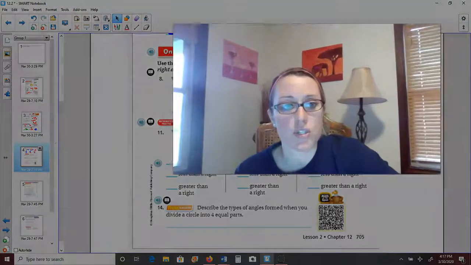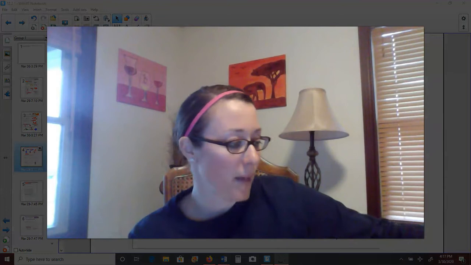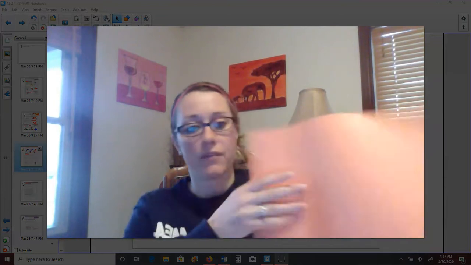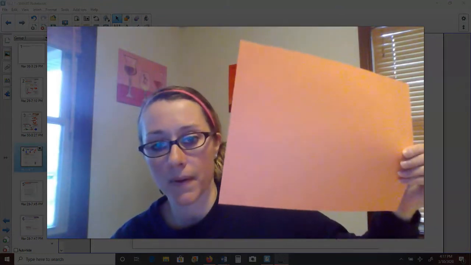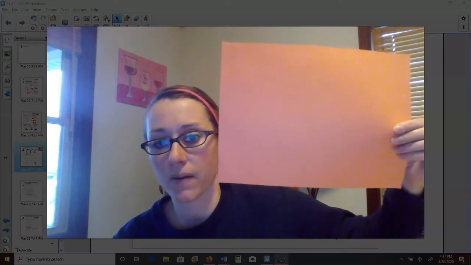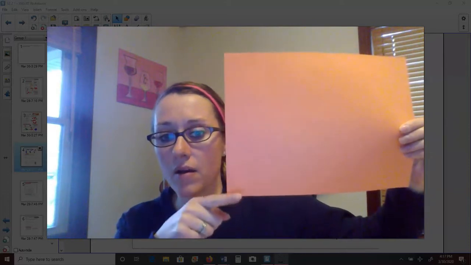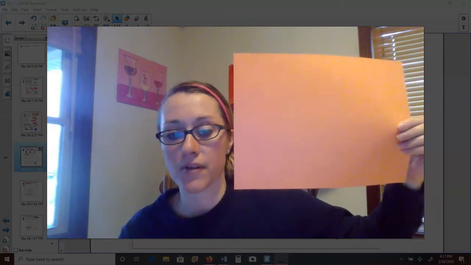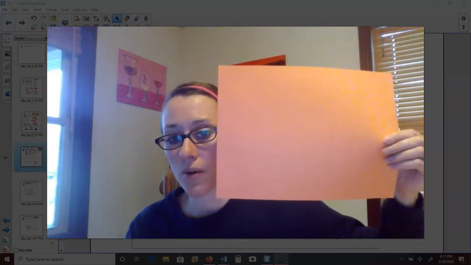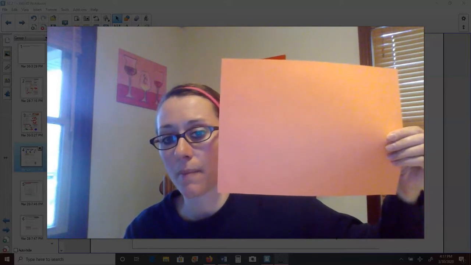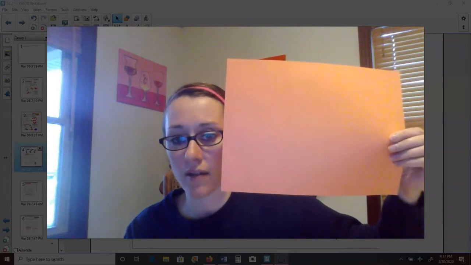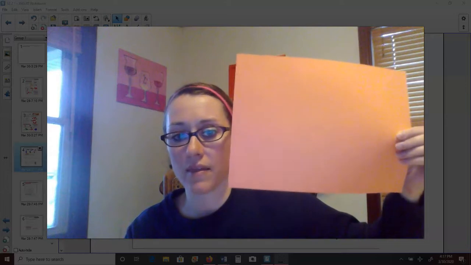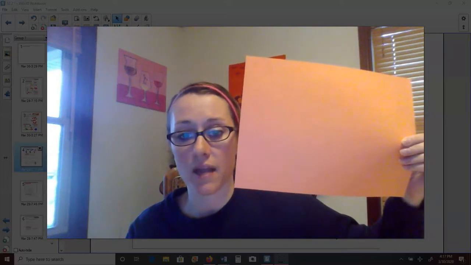Boys and girls, I just want to show you what they mean by using a piece of paper. If you get a piece of paper, whether it is a rectangle or a square, all paper has perfect corners, perfect right angles. So you could use this to kind of help you measure the angle that is in your book. You would simply align the paper in the corner of the shape.